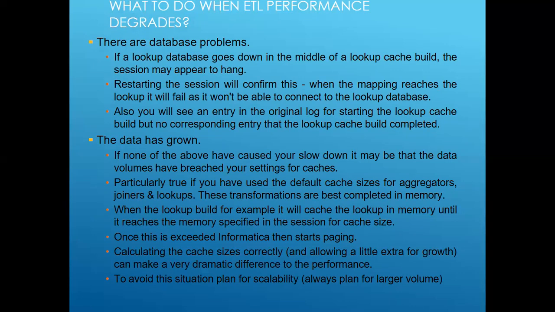So sometimes you need to keep in mind how to deal with the lookup cache, because it's very, very important. Because if the data grows high, you also need to manage the cache for different transformations. Like we see aggregator, joiner, lookup, those are using the cache, right? So we need to understand, if you're using these transformations, how we can optimize the cache.